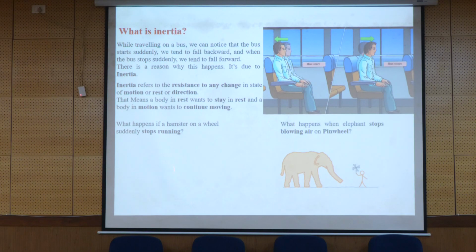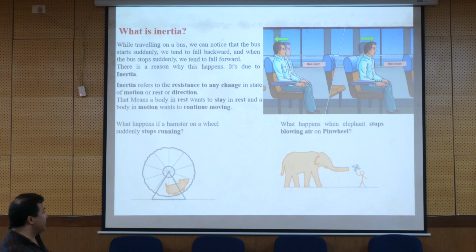When it stops, the inertia forces him to keep rotating this way. And if we see this one, the elephant stops blowing air on the pinwheel, and we see that when it stops it is still rotating. So this is the inertia: when you stop imposing any energy or power, it still continues. This is the tendency to stay in the same situation.